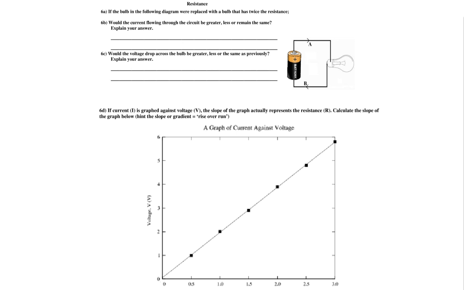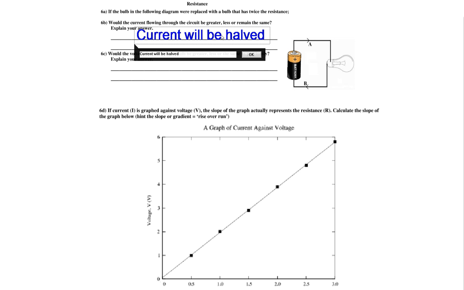So if we have a look at our questions here, the first one: how would the current flowing through be affected if we replace this bulb with something that has twice the resistance? Well, twice the resistance means that the current will be halved. And that's essentially because if we've got twice the opposition, it's twice as hard to flow through this component.